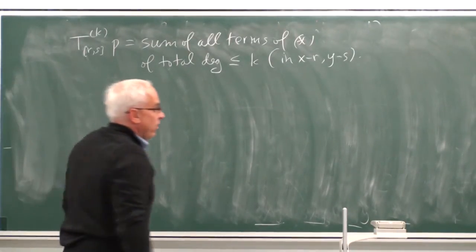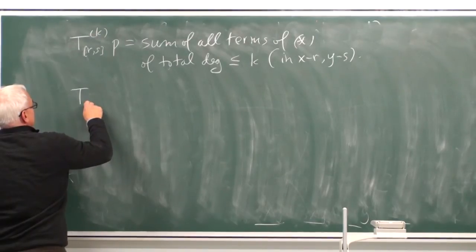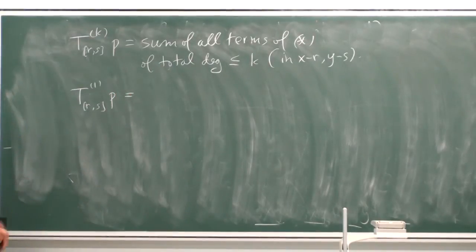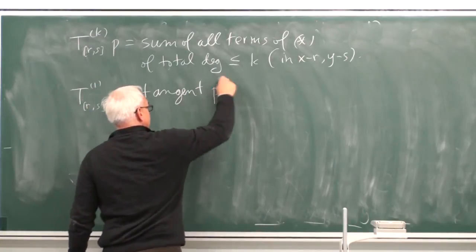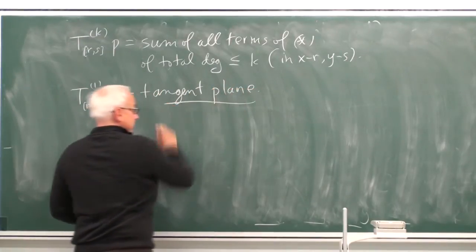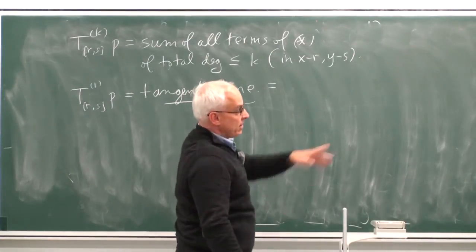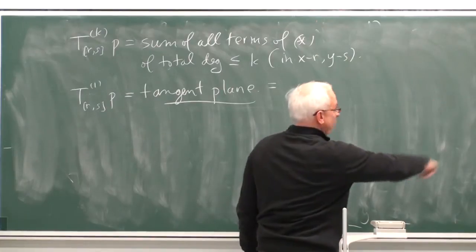So for example, when k is 1, we're talking about the tangent plane. That's the name we'll give that. It's the degree 1 term. So exactly the first row of that thing.